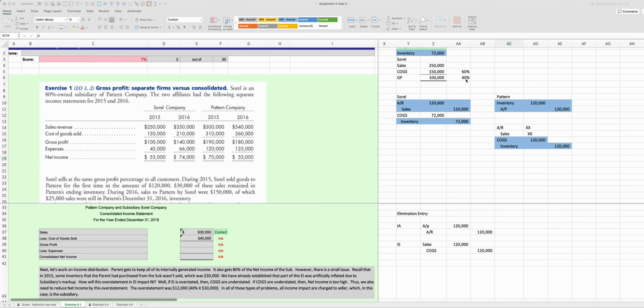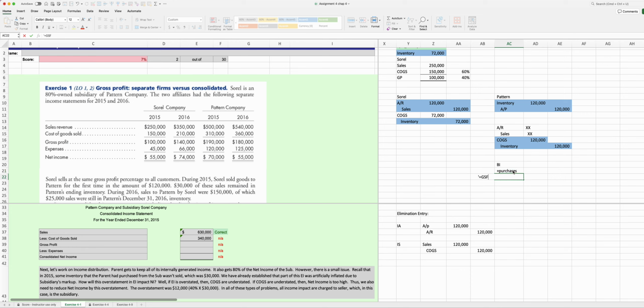Of course, we remember that beginning inventory plus purchases is equal to goods available for sale, and when we subtract ending inventory, we arrive at cost of goods sold.